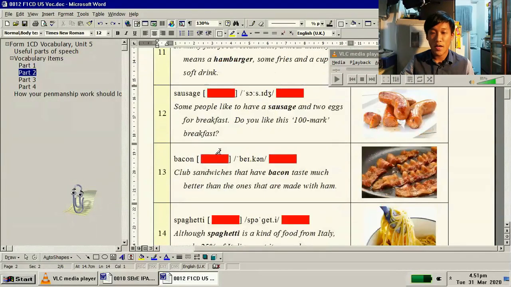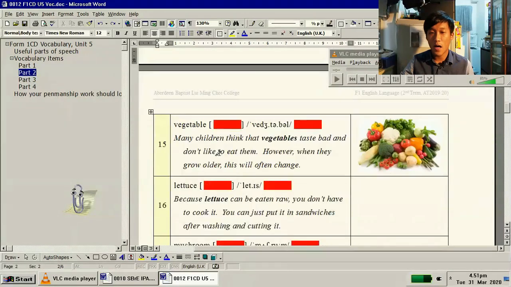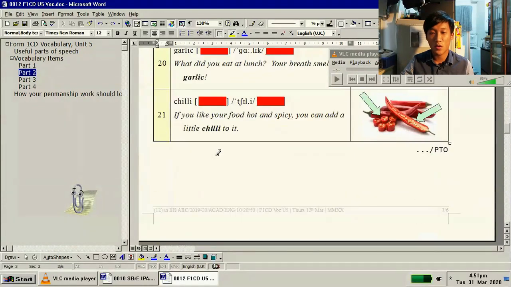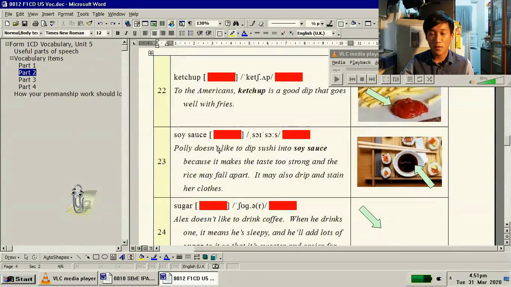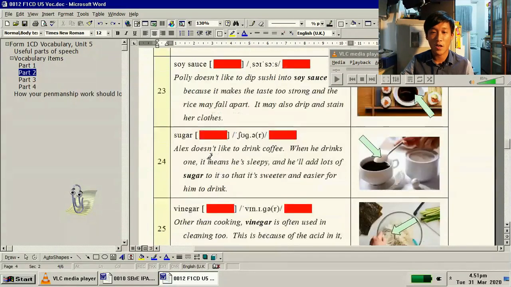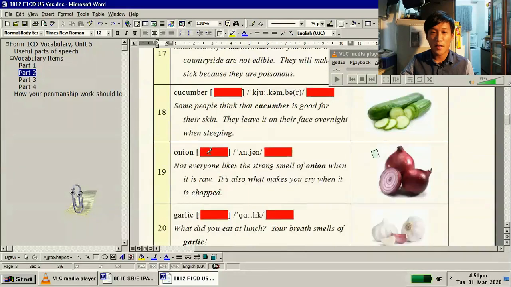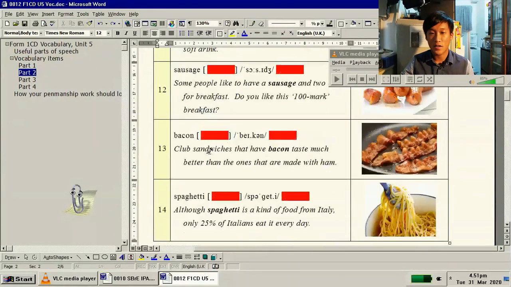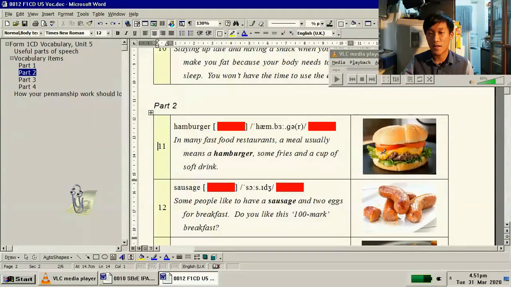As usual, I will continue to talk about the vocabulary items until item 26 in this video lesson. So there are altogether 16 vocabulary items, but you see that there is no meaning in words, but I have given you pictures because I think it's a better way to show the meaning of the words.